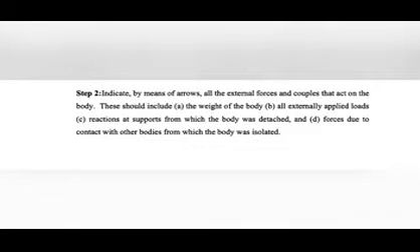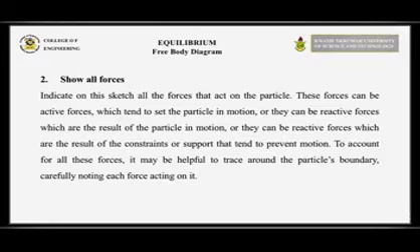These should include: number 1, the weight of the body. Number 2, all external applied loads. Number 3, reactions at supports from which the body was detached. And finally, forces due to contact with other bodies from which the body was isolated.